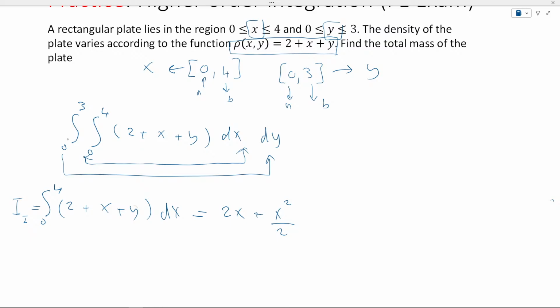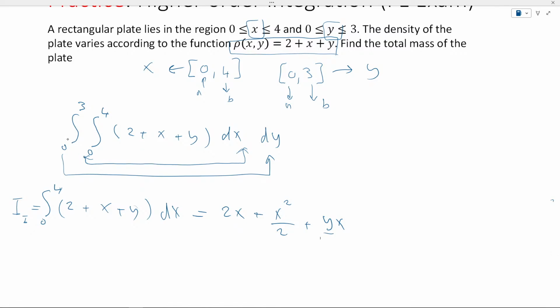And what is this? This is a constant, yeah? Plus xy, because y is a constant. So similar to 2, y here will be treated as a constant. Okay? So I'll get xy, or if you want just yx. See, similarly, 2 is a constant, y is a constant.